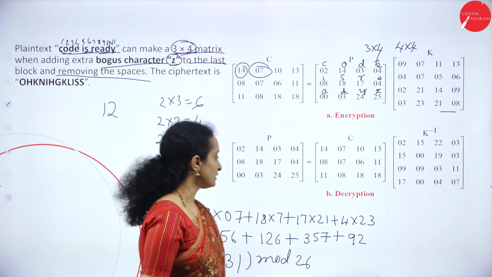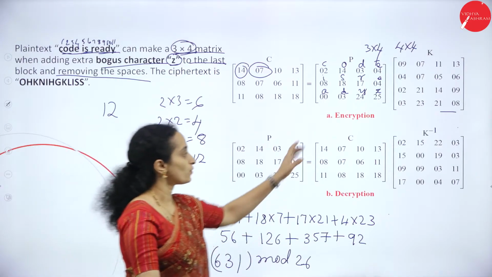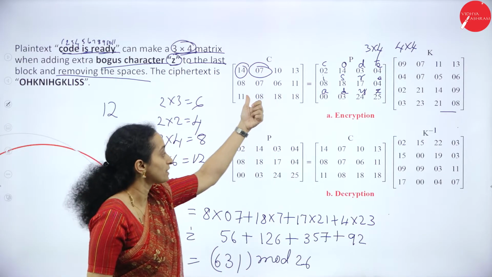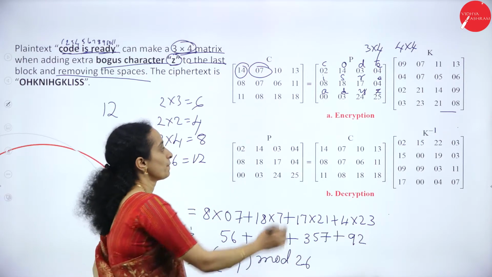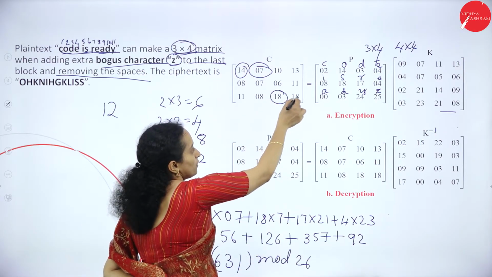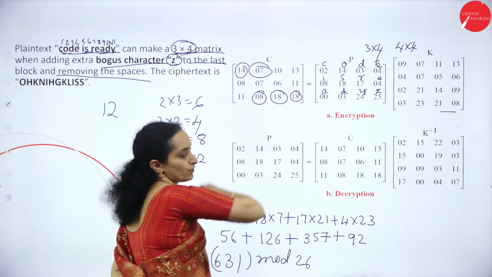Alright, like this, for each of the rows and the matrix, multiplication will be done and the integer values for the code will be calculated.